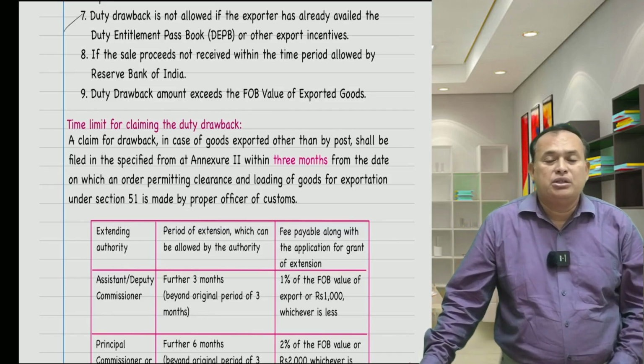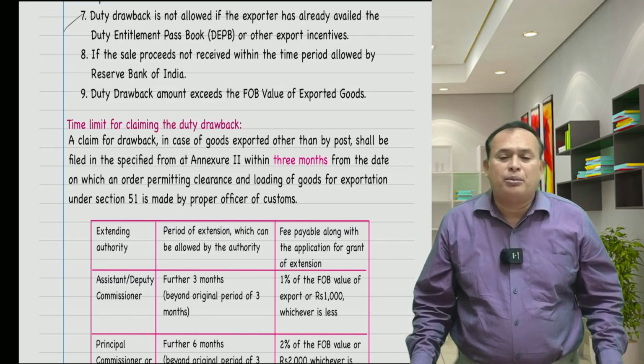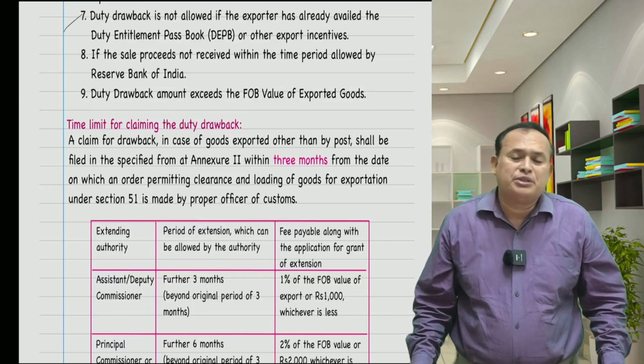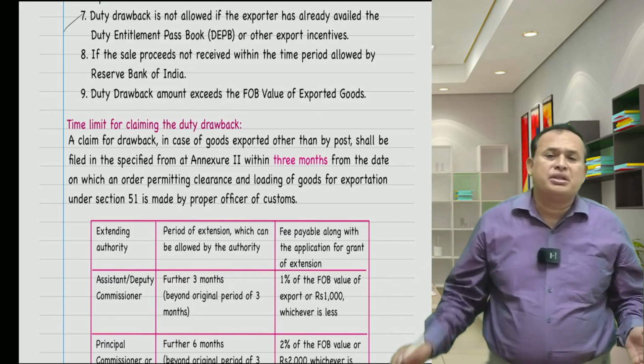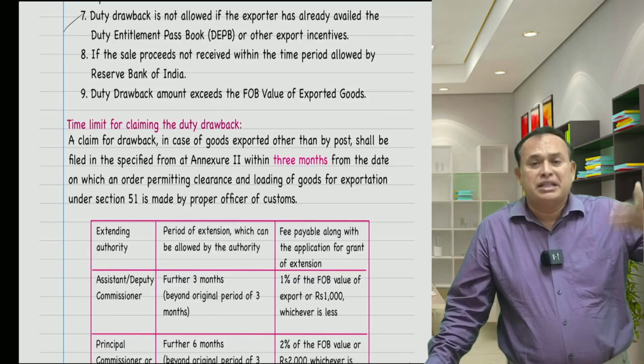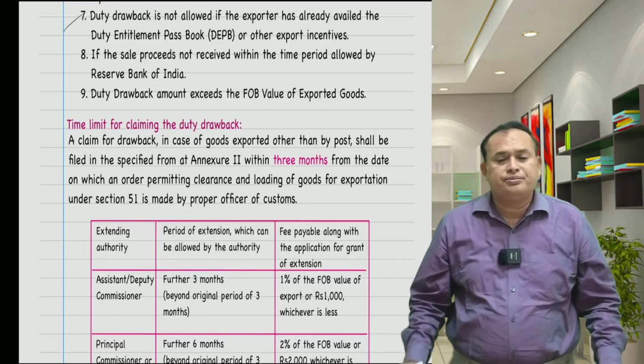Duty drawback is not allowed if it exceeds the FOB value or market value of the exported goods. Meaning thereby, if the duty drawback is more than the value of the goods exported, duty drawback is not allowed.